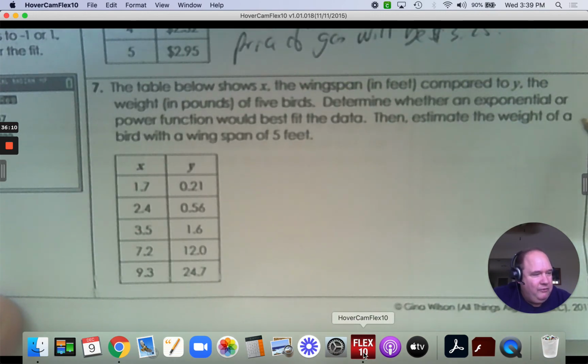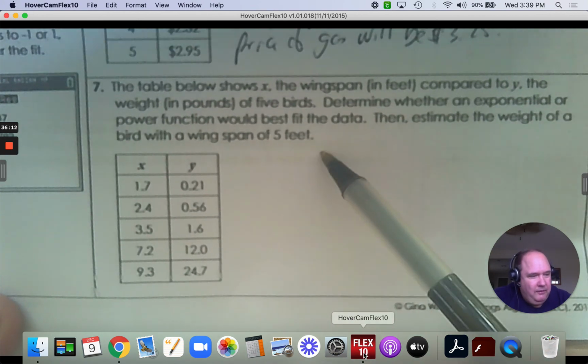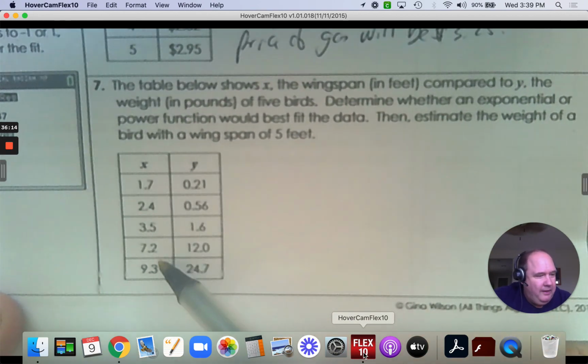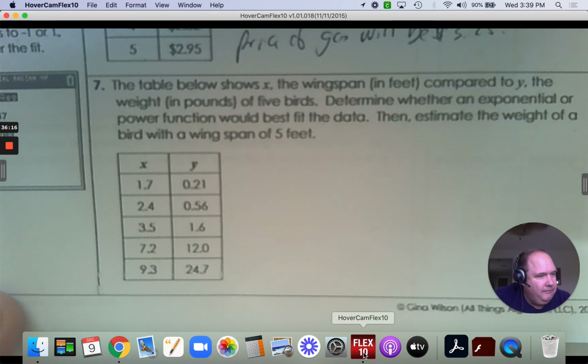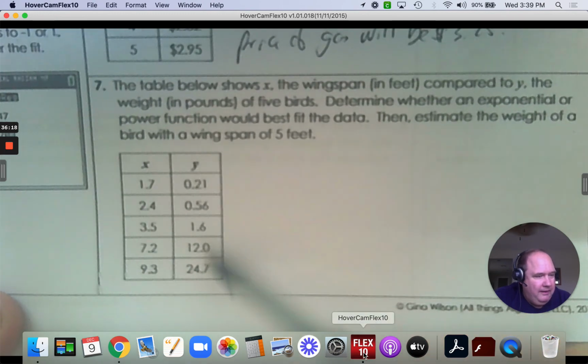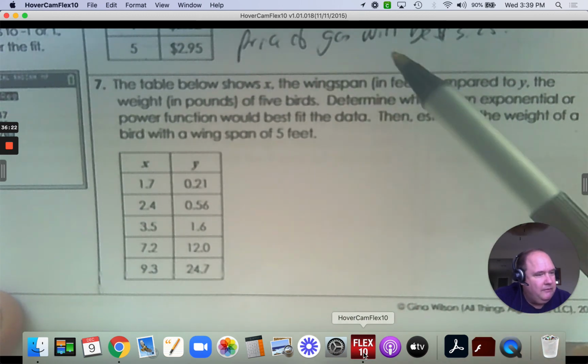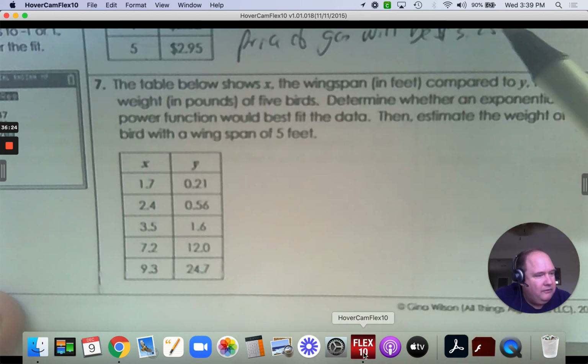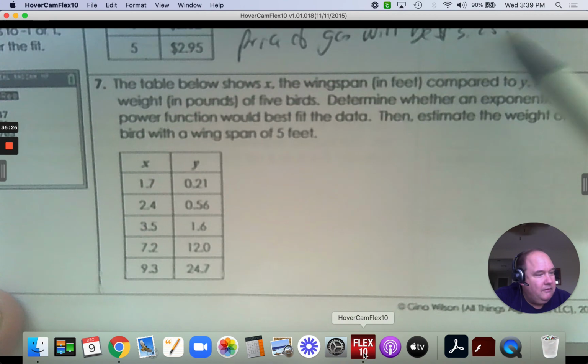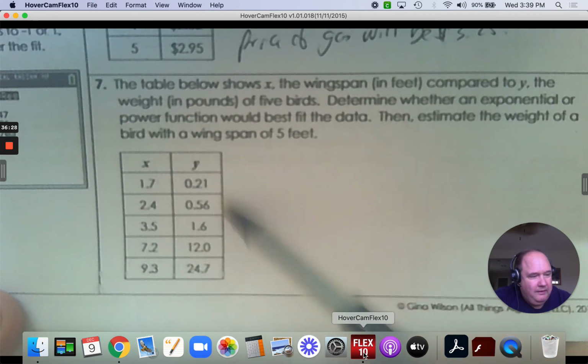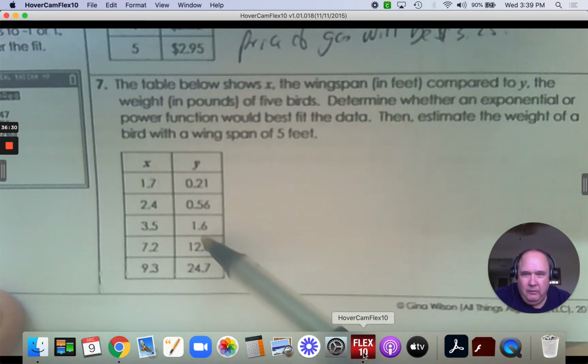And then estimate the weight of a bird with a given wingspan. So the weight of the bird is Y, and the wingspan is X on the right. Okay, so X is the wingspan, and Y is the weight of the bird.